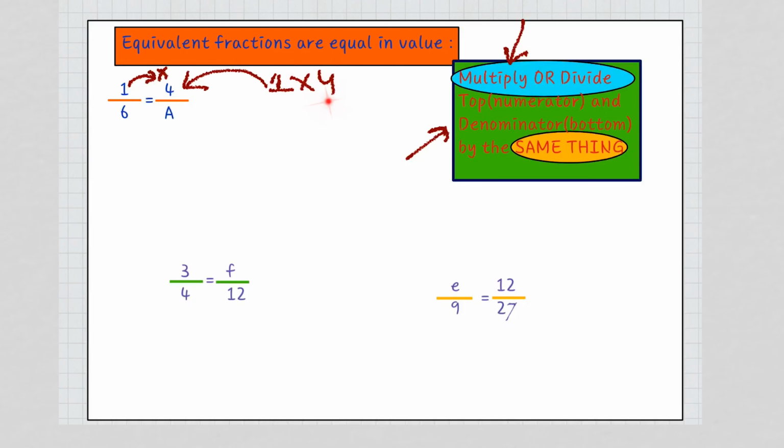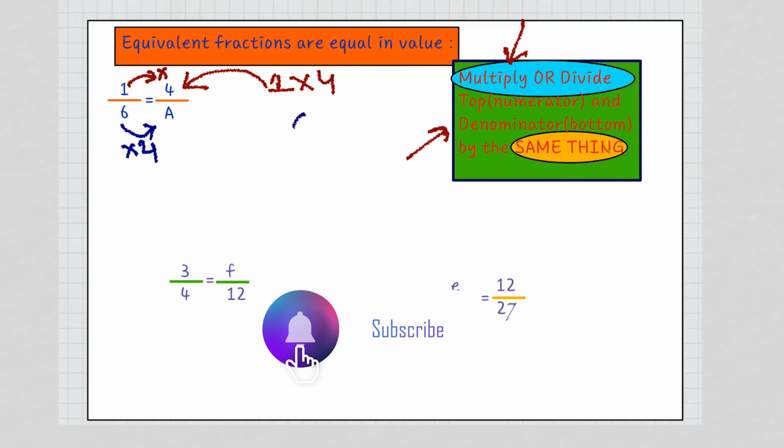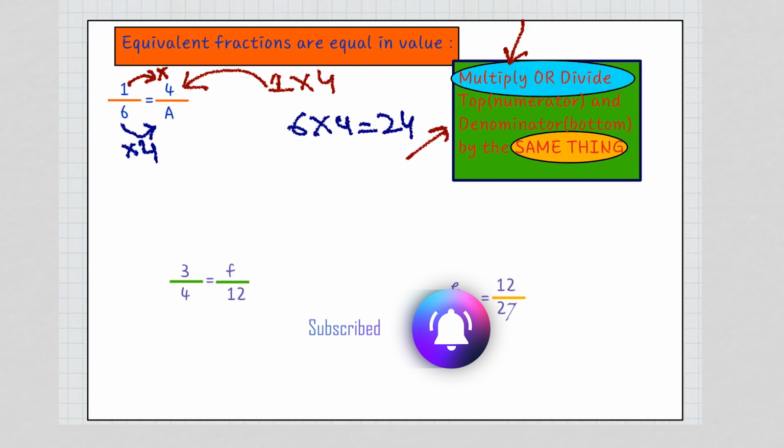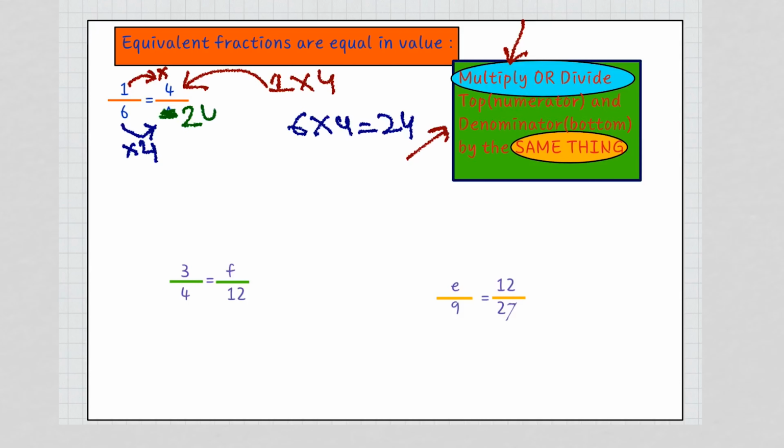So we multiply the denominator by 4 as well. Same number. 6 times 4 is 24. So now 24 would be our denominator for this fraction, and we replace the letter with 24. So 1 over 6 equals 4 over 24. Both are equivalent fractions. They are equal in value.